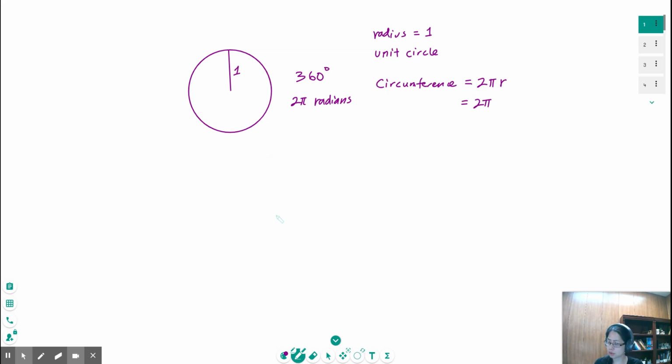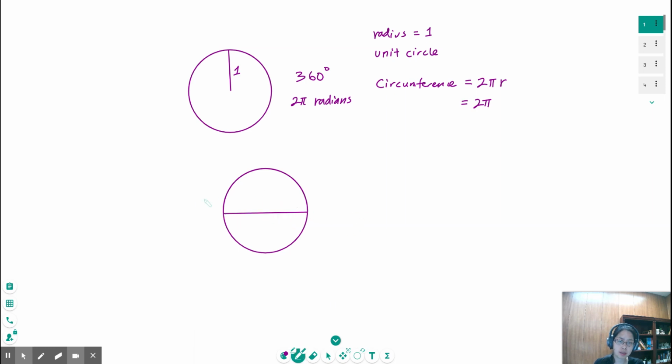So let's look at another example. If we have half of a circle here, and we know the full circle is 2 pi, then half of the circle is just going to be pi.